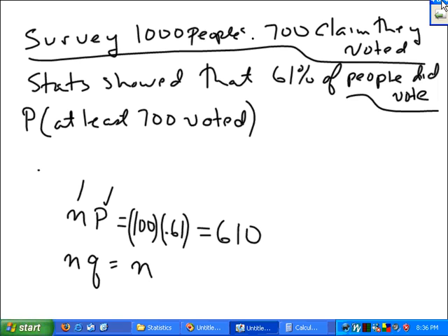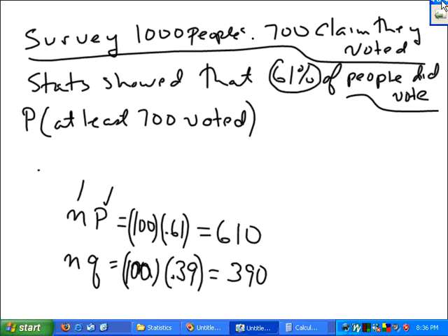n, which is still 1,000, times q. Well, if 61% of the people did vote, q means not success. That means failure, that is, they didn't vote. If 61% of the people did vote, well then 39% did not vote. And 39% is 0.39. You multiply that by 1,000, you get 390. And both of these numbers are 5 or more.